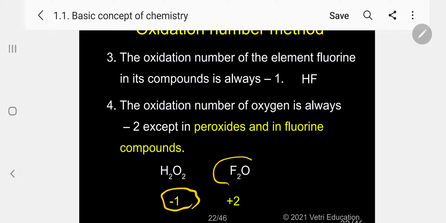In F2O, fluorine is more electronegative than oxygen: fluorine 4, oxygen 3.5. So oxygen is positive, +2 instead of -2, only in fluorine compounds. In all other compounds, oxygen takes second priority. It is the second most electronegative element.